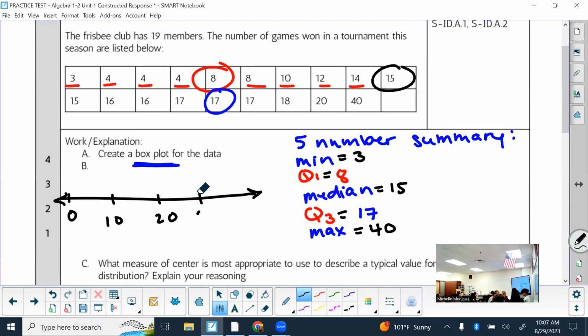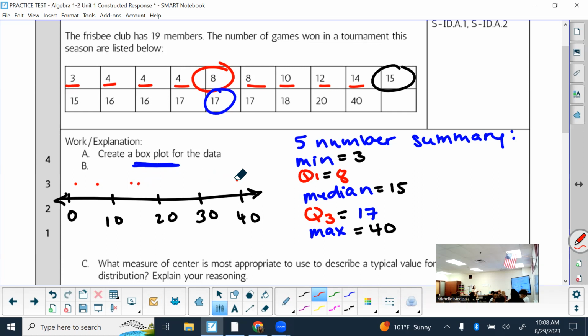For you guys, I would suggest counting by 5. I just don't have that much room right now. And then I need to have a dot over where the 3 would approximately be, which is here. A dot where the 8 would approximately be, where the 15 would be, the 17, and the 40.